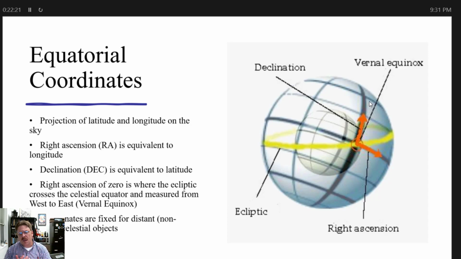Now, when it comes to the 0 point in right ascension, when we look at the 0 point of longitude, that was arbitrarily defined, well, not quite arbitrarily, it was the British. The British just said, you know what, we have the best navy in the world, we're exploring everywhere, we're going to define this how we want to, we're going to define 0 as going straight through our Royal Observatory in Greenwich, England.